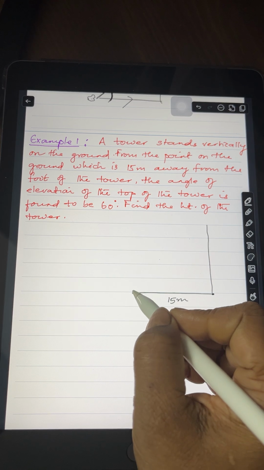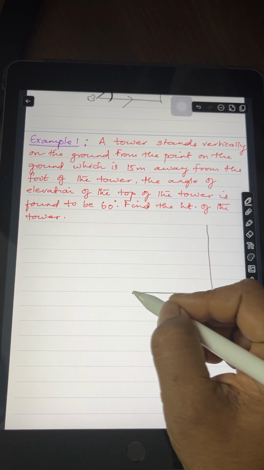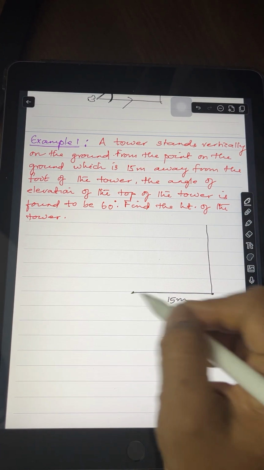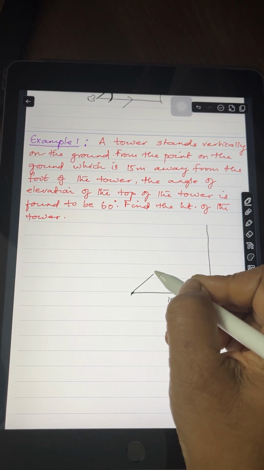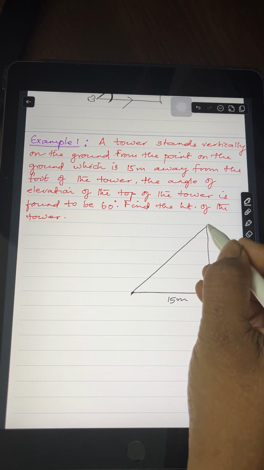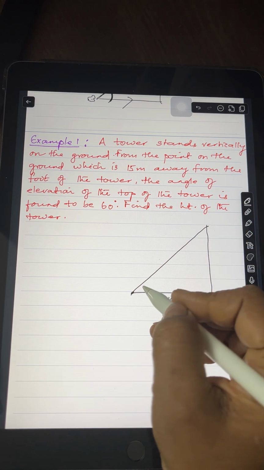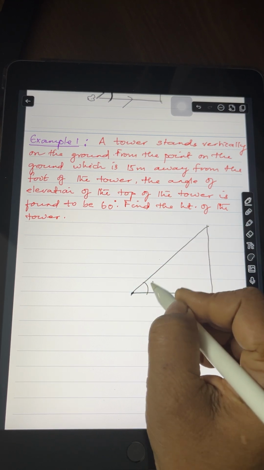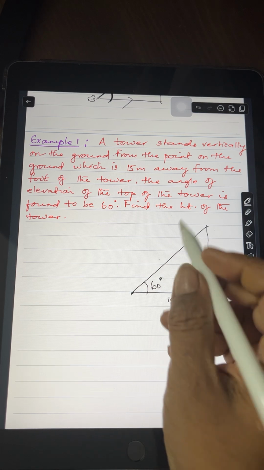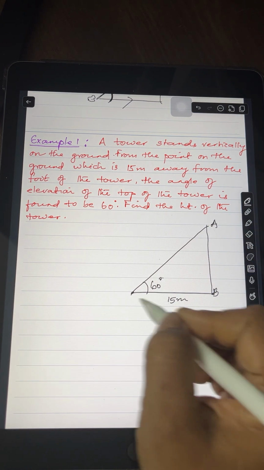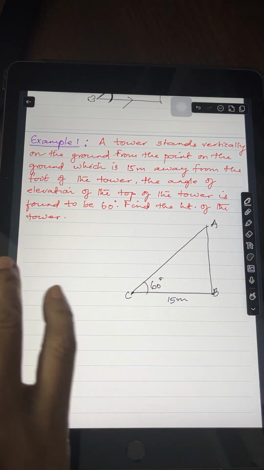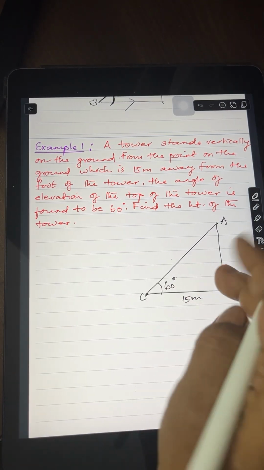From here, 15 meters away, the angle of elevation to the top of the tower is 60 degrees, he is saying. So this is 60 degrees. Find the height of the tower. Now what you will have to do is name the triangle. Now this becomes a triangle.